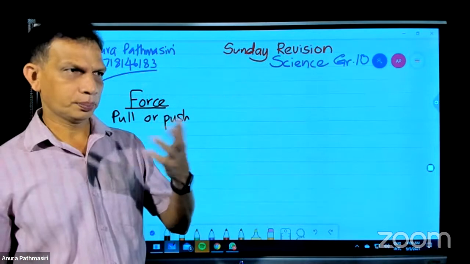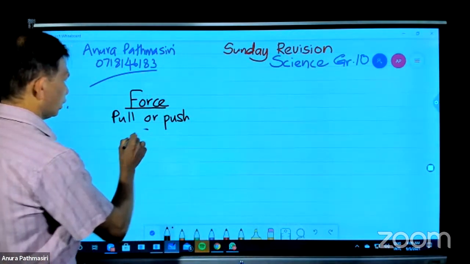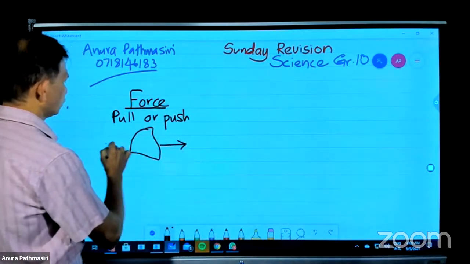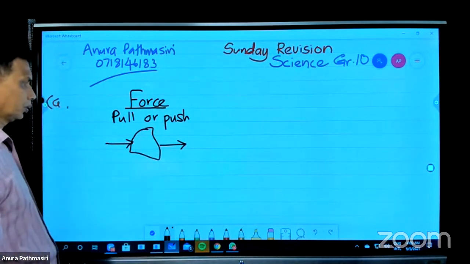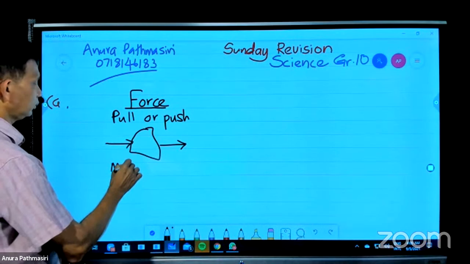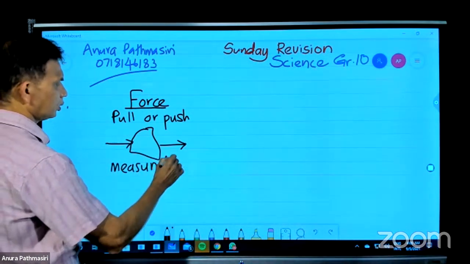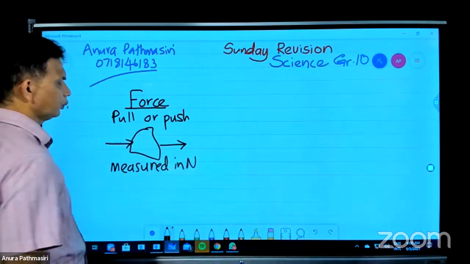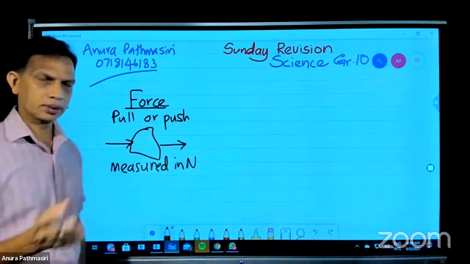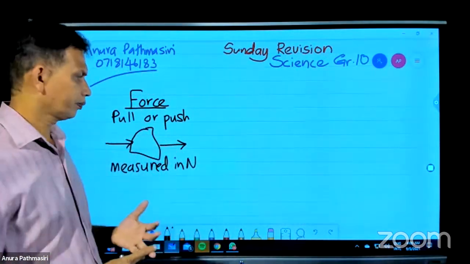You can have a push or a pull. Force is measured in Newton, and it has both magnitude and direction.